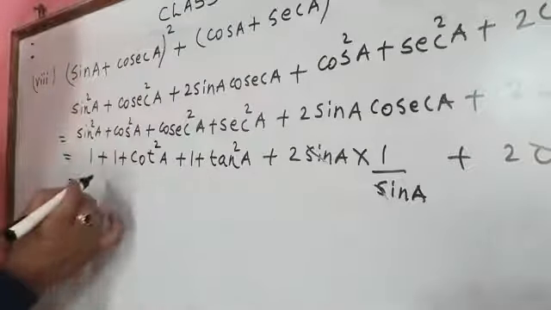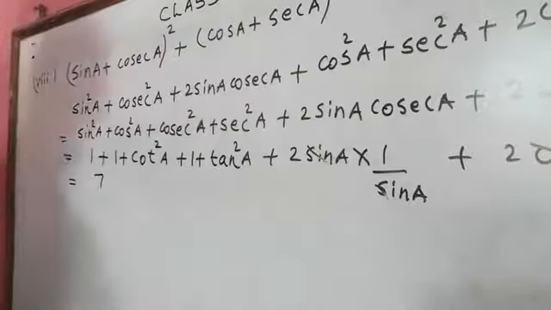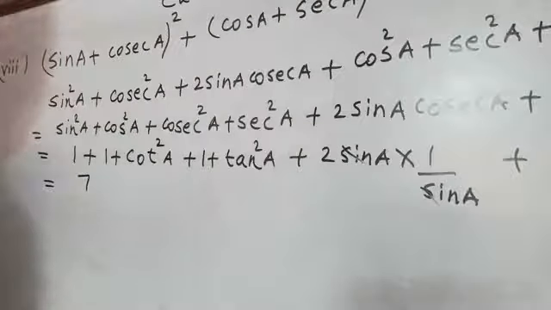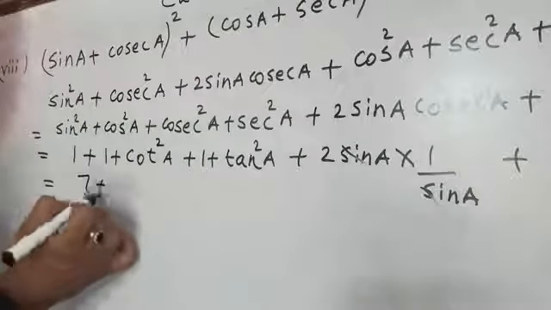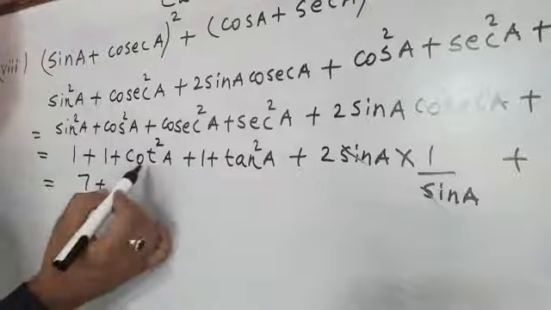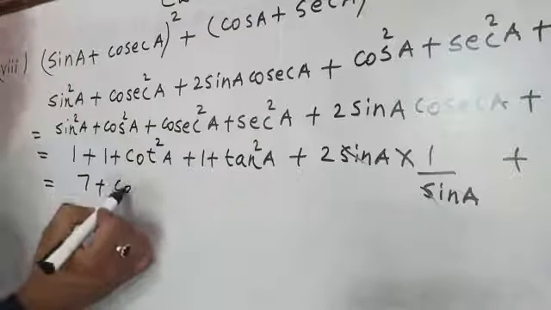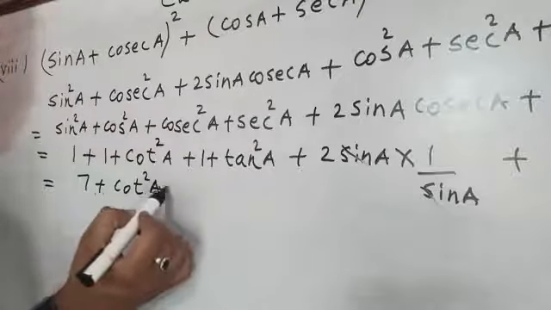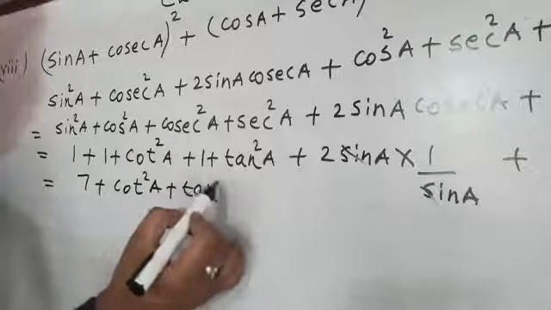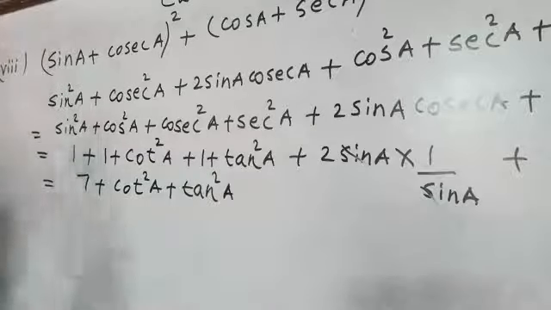So we can write here 7, because we got 7 plus cot square A plus tan square A. 7 plus cot square A plus tan square A is the answer. So this is question number 8.